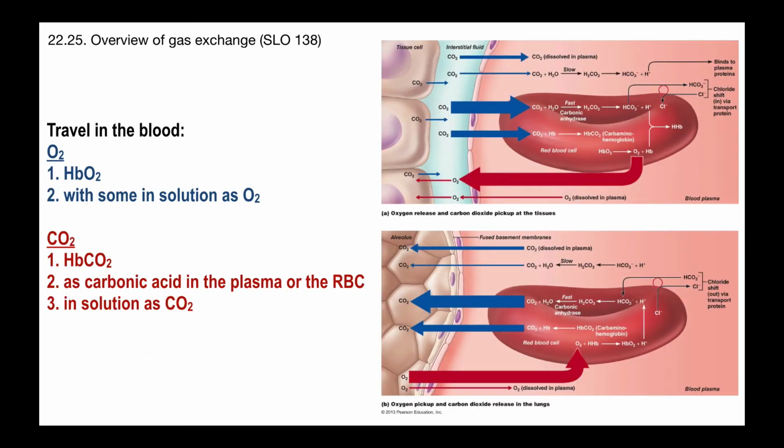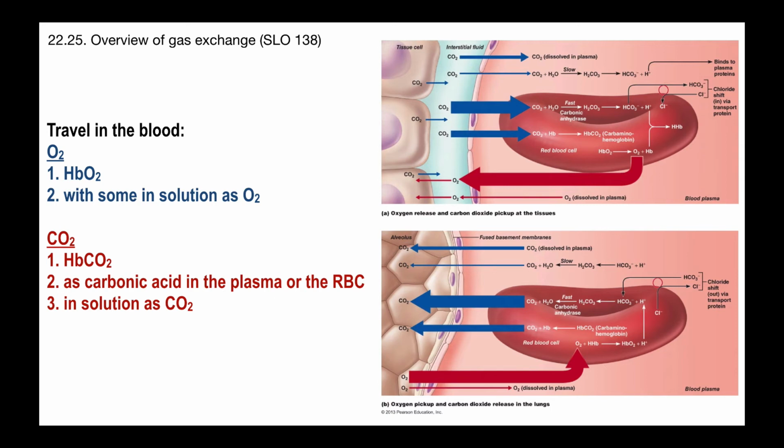Okay, now this gets a little bit hairy as well, and I'm going to zoom in on these figures. But the first thing I want to focus on is the notes that I wrote on the side here, which is to say that when we look at how these different gases travel in the blood, there are a few different ways they can go. In the case of oxygen, it's really got one main route, where most of the time oxygen is traveling with hemoglobin, what we call oxyhemoglobin, HbO2.